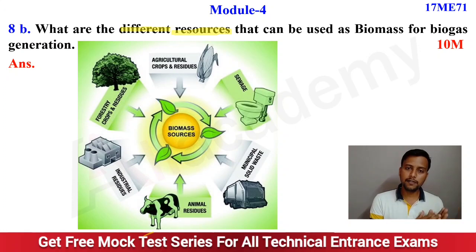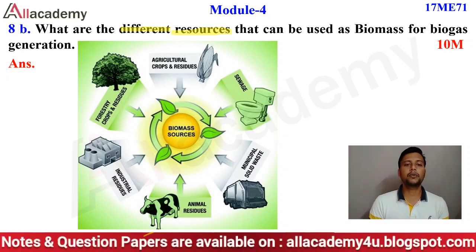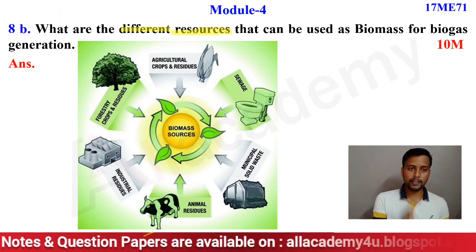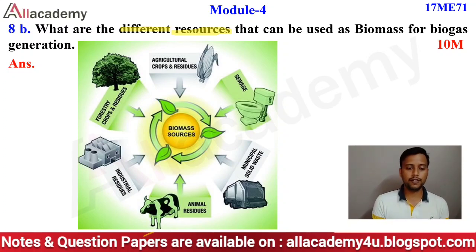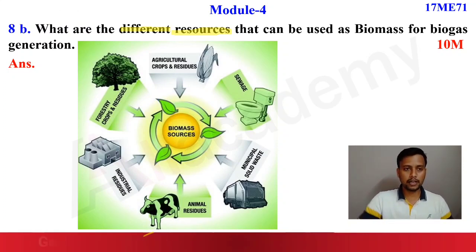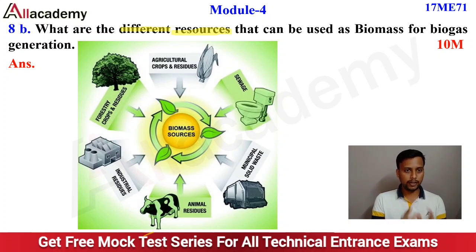Many students have written different answers. Very simple question, you can easily write it, and if you just list the resources, you will get marks. And if you explain each type, like how animal waste is used, how sewage waste is used, how agriculture crops are collected and how they are used, then you will get complete marks.